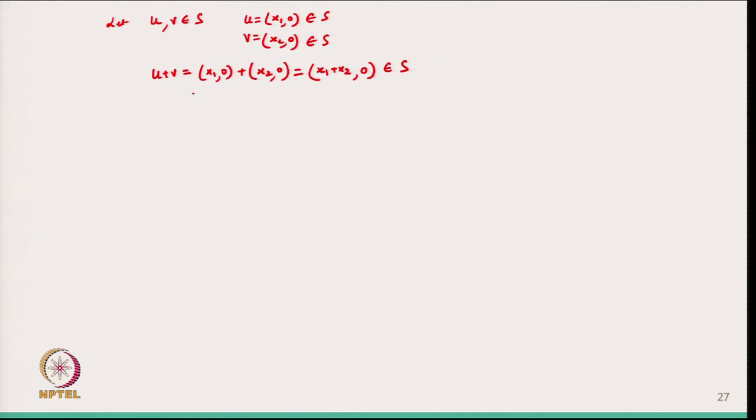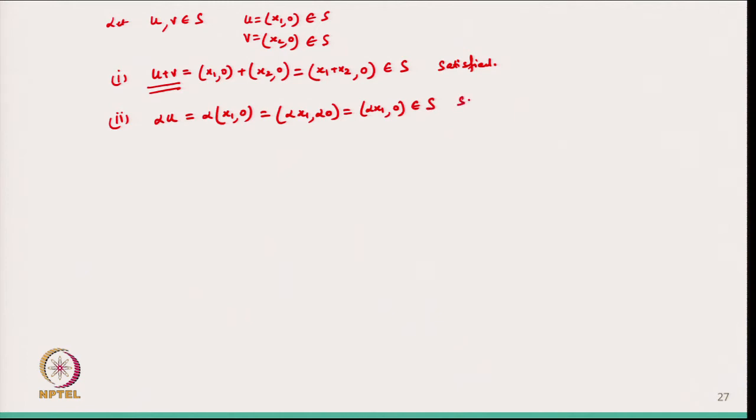So, addition is well defined, so the first property is satisfied. The second one is alpha into u. Taking u as (x1, 0), I now define the scalar multiplication. This will be equal to (alpha x1, alpha 0), and alpha 0 will be 0. So, it is (alpha x1, 0), and that also belongs to S. If it belongs to S, then this is also satisfied.